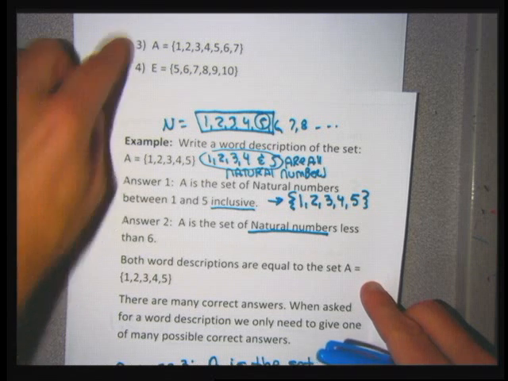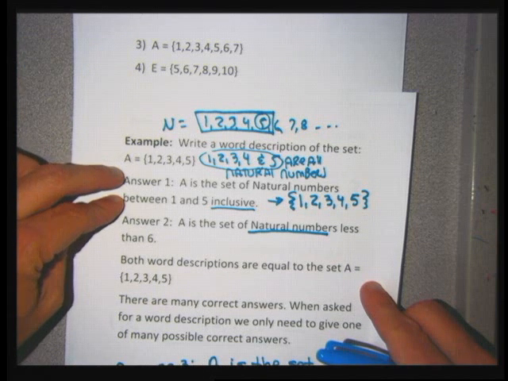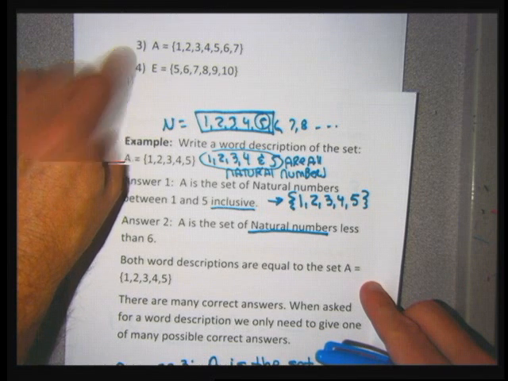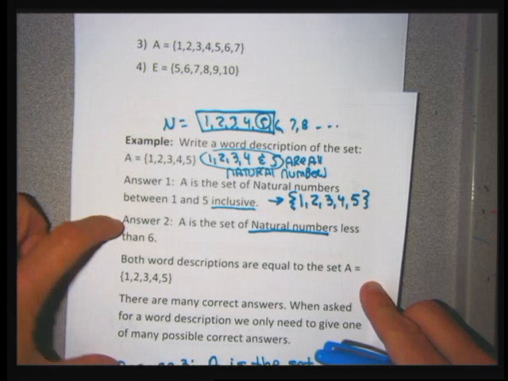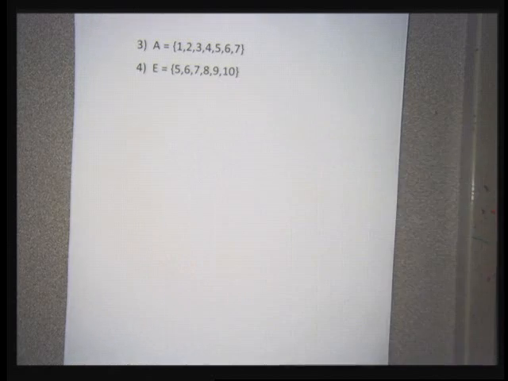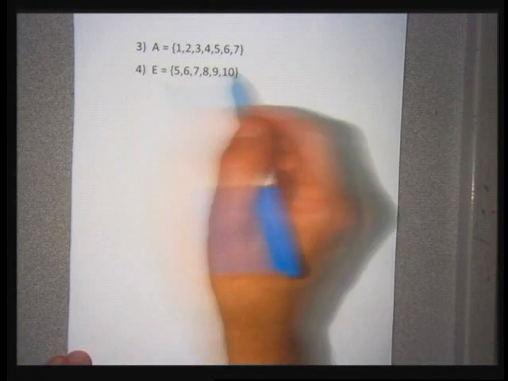So your answer for number 3 could look just like my answer for the first example. Also, for number 3, you have some flexibility here. You could use a less than or equal to, kind of like I did for the extra answers in the first example.